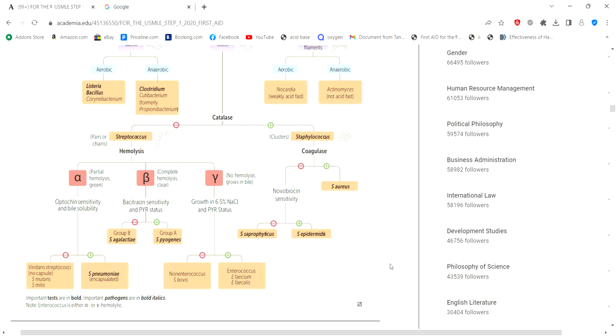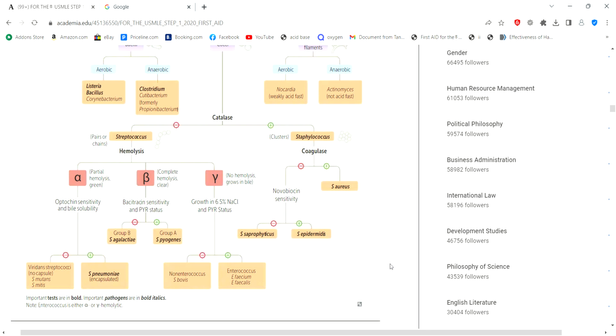And it is also bile insoluble. So viridans streptococci does not get dissolved in bile.